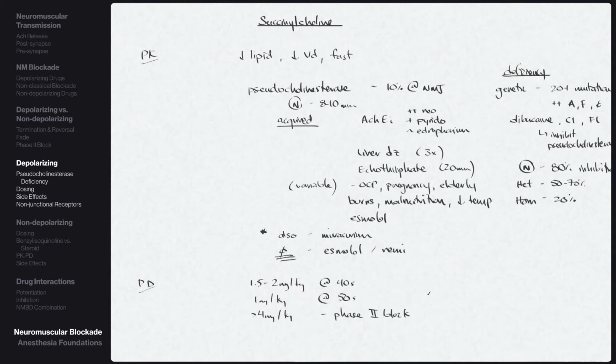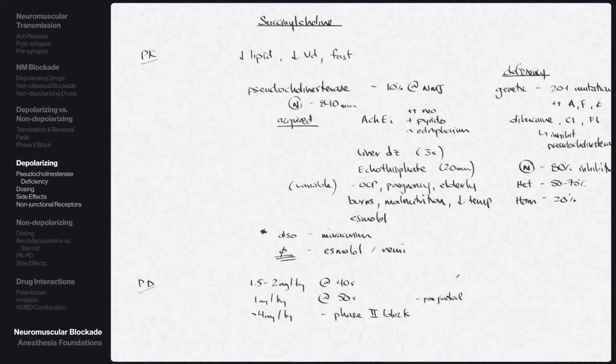This isn't exactly well understood, but it essentially leads to a desensitization of our receptor to acetylcholine and potentially acting on the pre-junctional side to cause fade, which we see with our nerve stimulation.